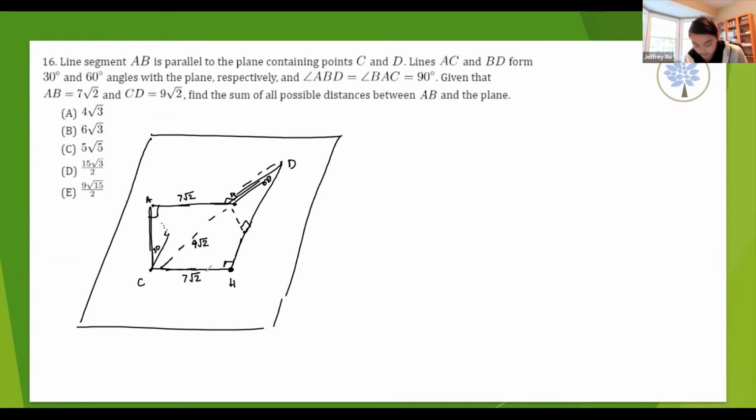So this means that we have HD. HD is equal to, if we use the Pythagorean theorem, 9 root 2 squared minus 7 root 2 squared, which should be equal to 8.